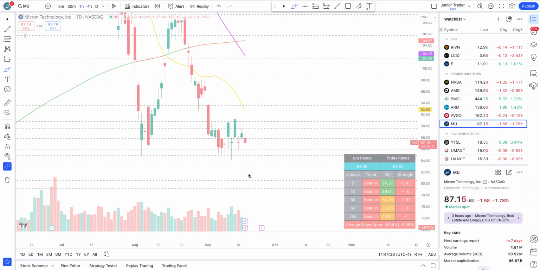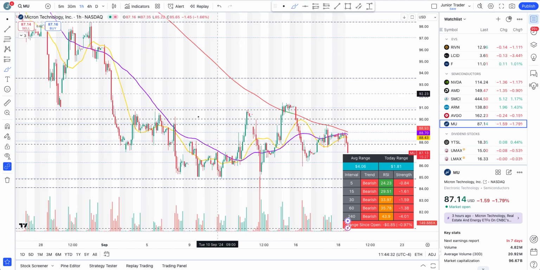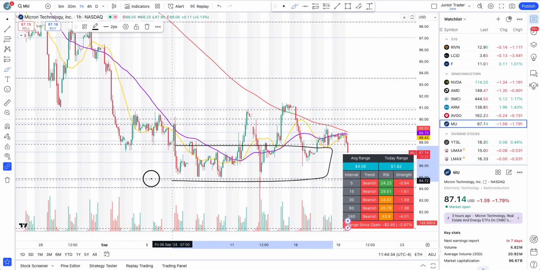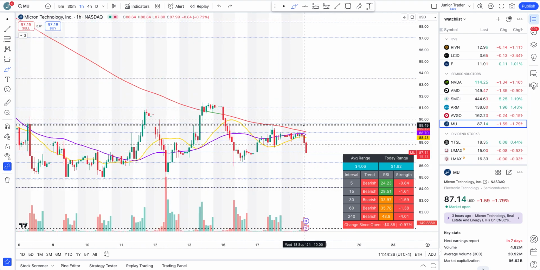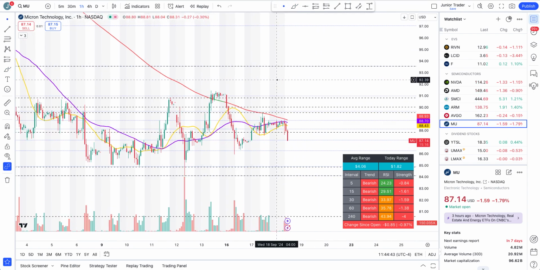This thing is holding this zone really well all the time, but you can see it's not getting above even the 200 hours moving average right now. So right now the extra strength is just not there, and that's where the problem is.